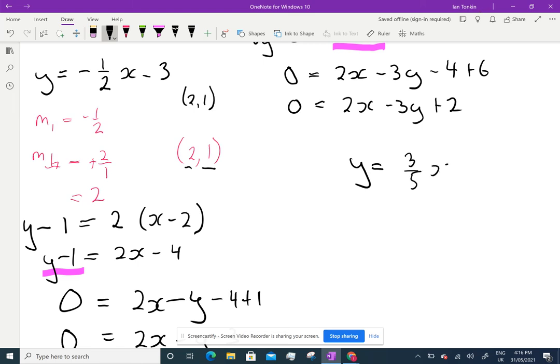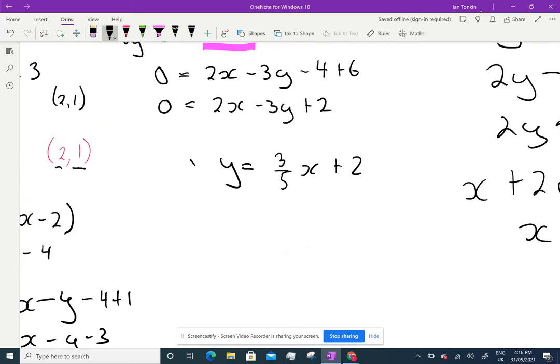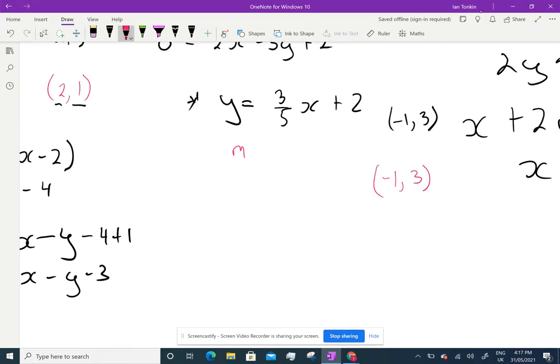Y equals 3/5 x plus 2. And let's send it through, I don't know, negative 1, 3. Well, the point's pretty easy. I've got negative 1, 3. The gradient of this line is 3 on 5. But I need the gradient that is perpendicular.